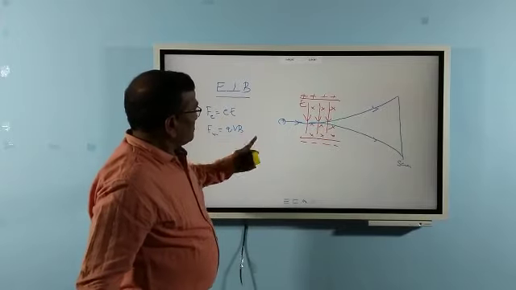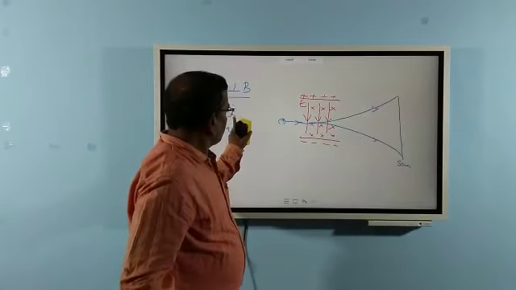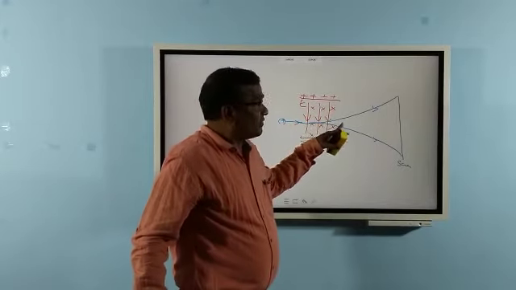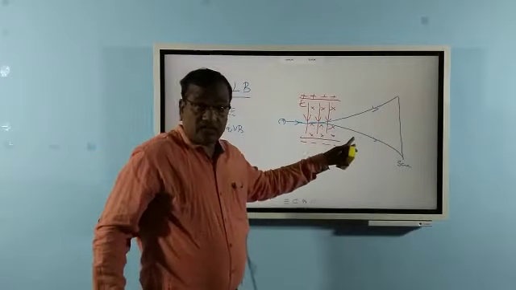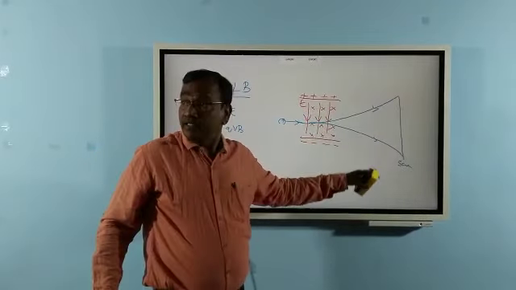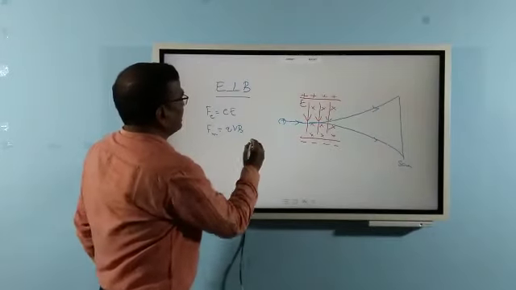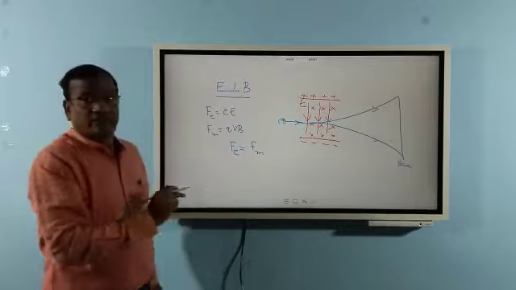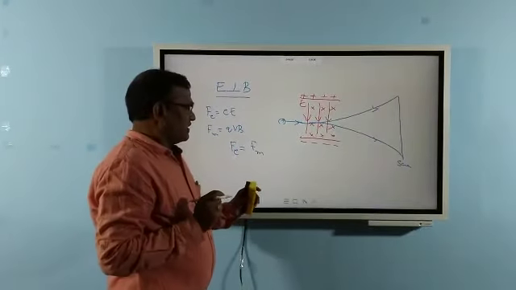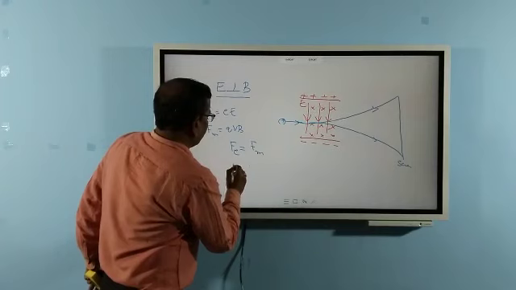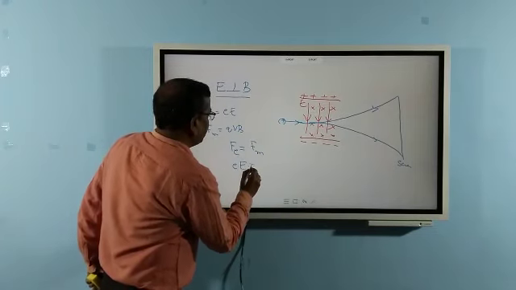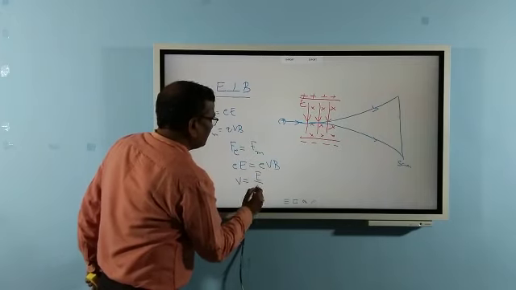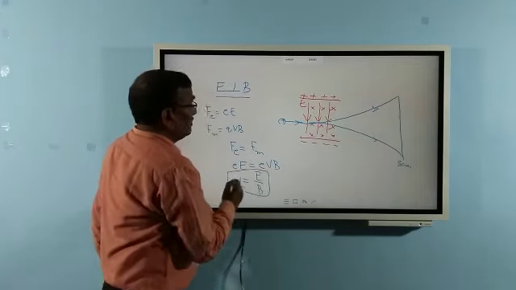If one force dominates, suppose the electrostatic force is dominating, the charged particle deflects upwards. If the magnetic force is dominating, the charged particle deflects downwards. So if you adjust the fields in such a way that the two forces are equal, then qE is equal to qvB, so v is equal to E by B. This is called a velocity selector.